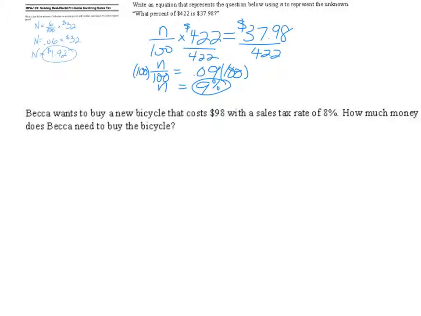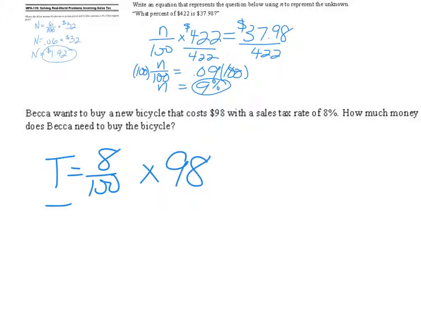Becca wants to buy a new bicycle that costs $98 with a sales tax of 8%. How much money does she need to buy the bicycle? Well, first we want to find how much she's going to pay in sales tax. So I need to know what is 8%, so 8 out of 100, of $98. And 8% as a decimal is 0.08.